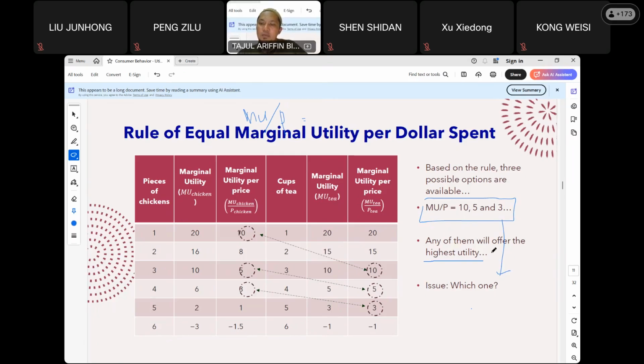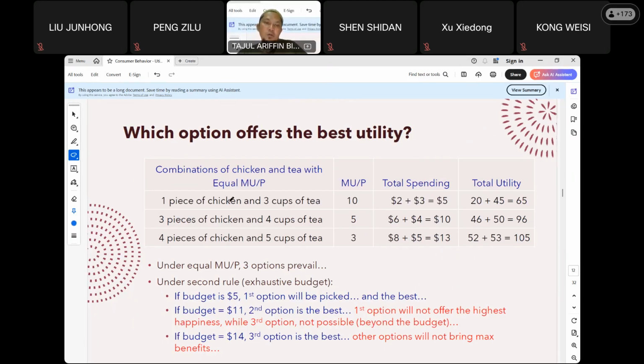The rule is the one that will offer the highest utility. But which one? So the first option, second option, and third option. Better to calculate the total spending, how much each combination costs you.